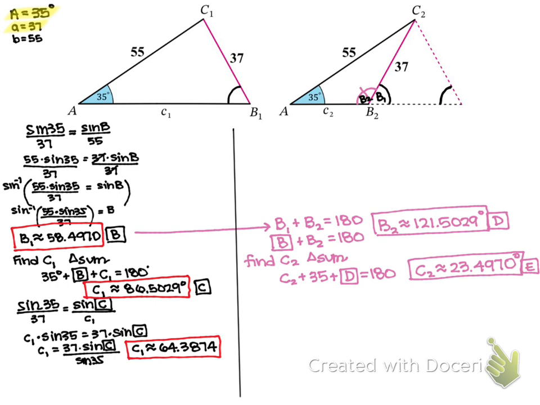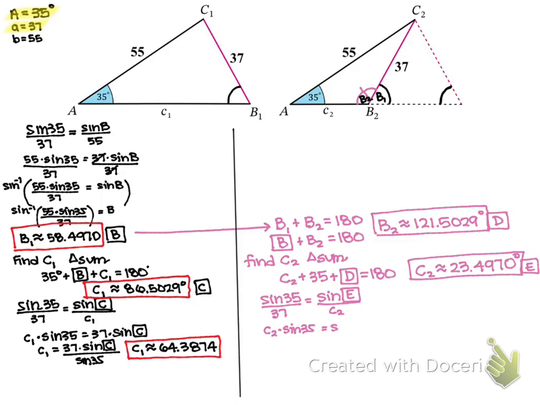Okay, so complete ratio that was given to me, sine of 35 all over 37 is equal to sine of C2, which I stored in E, all over little c2. Okay, I'm solving for c2, so I'm going to cross multiply.